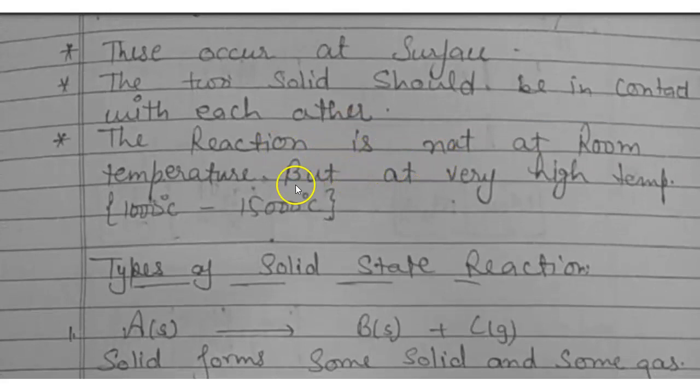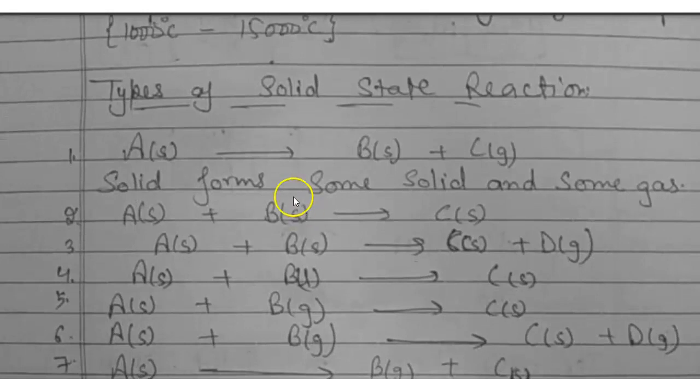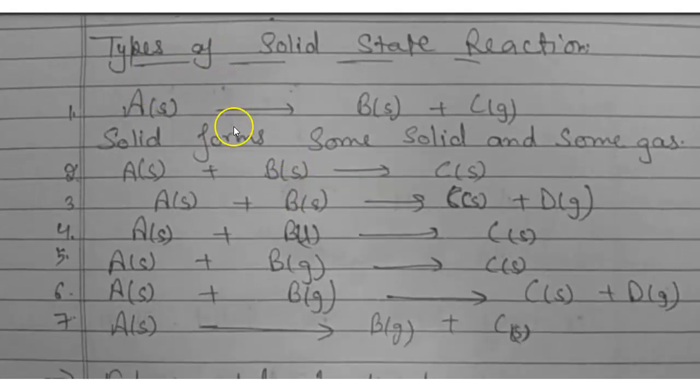The reaction does not occur at room temperature but at very high temperature, which should be 1000 degrees Celsius to 1500 degrees Celsius. Now, types of solid state reactions: some solid and some gases.